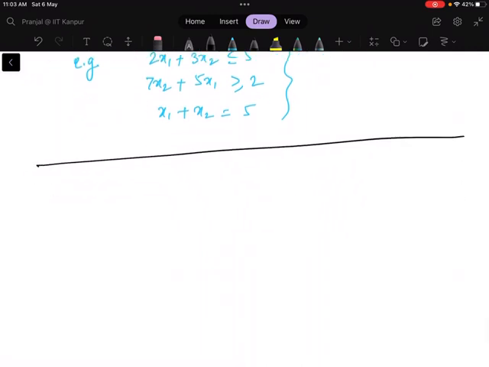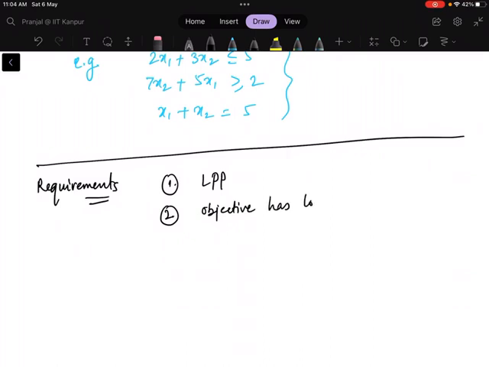What are the requirements? First, clearly it has to be an LPP, a linear programming problem. Second, the objective has to be of minimization.